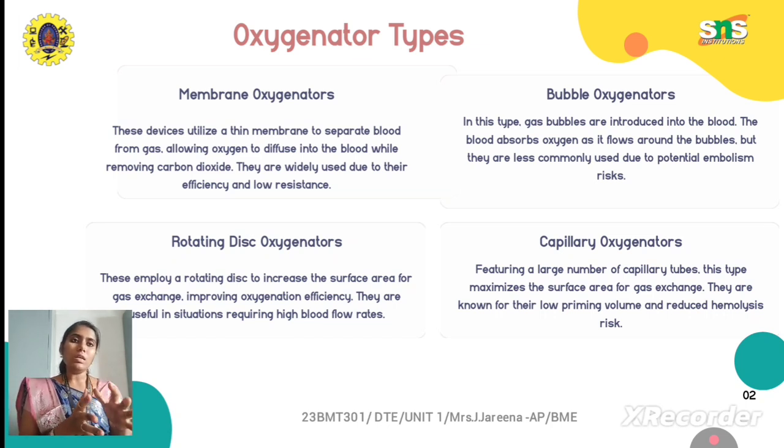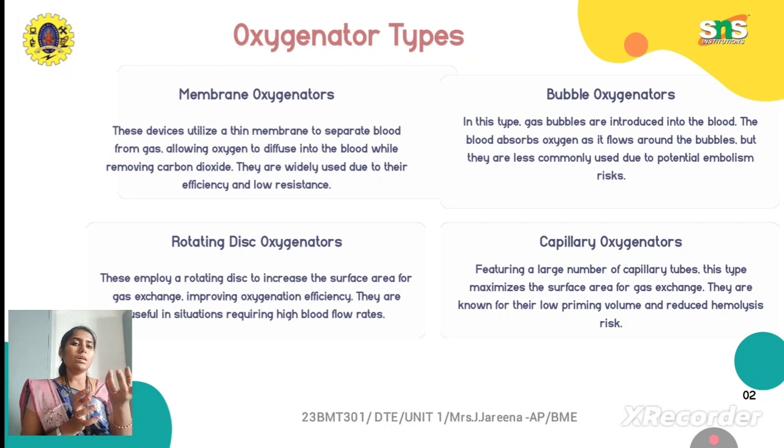The second one is the bubble oxygenator. This is also one sort of oxygenator commonly used in the heart-lung machine. But here the gas flow, that is oxygen, is sent in through bubbles. The gas bubbles are introduced into the blood, so the blood absorbs the oxygen as it flows around the bubbles.